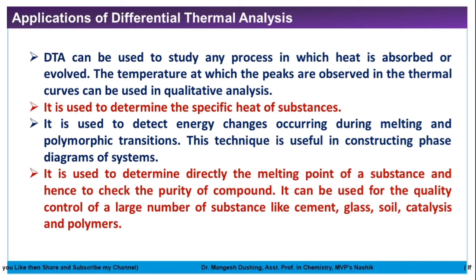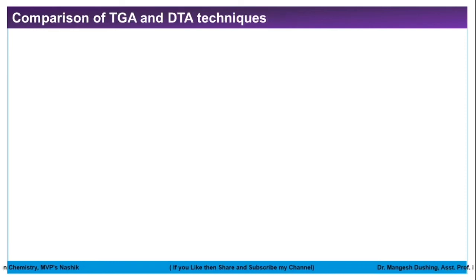So by using the melting points we can check the purity of the compound. It can be used for the quality control of a large number of substances like cement, glass, soil, catalyst, and polymers. So for purity checks and quality checks, we can use this differential thermal analysis.